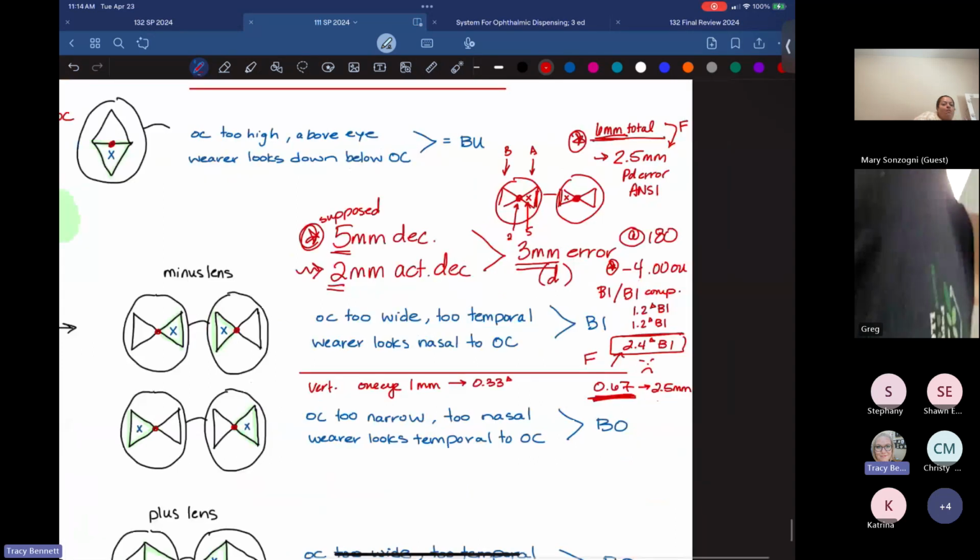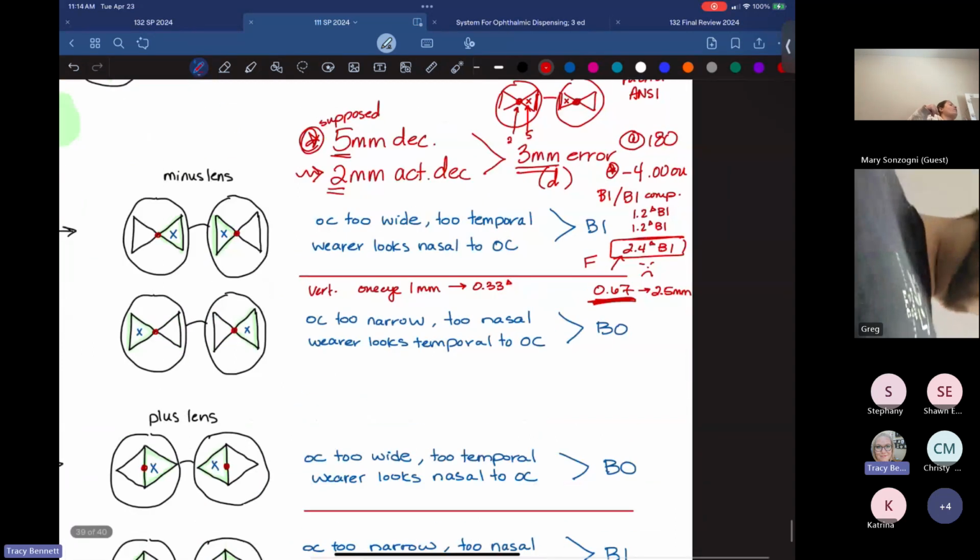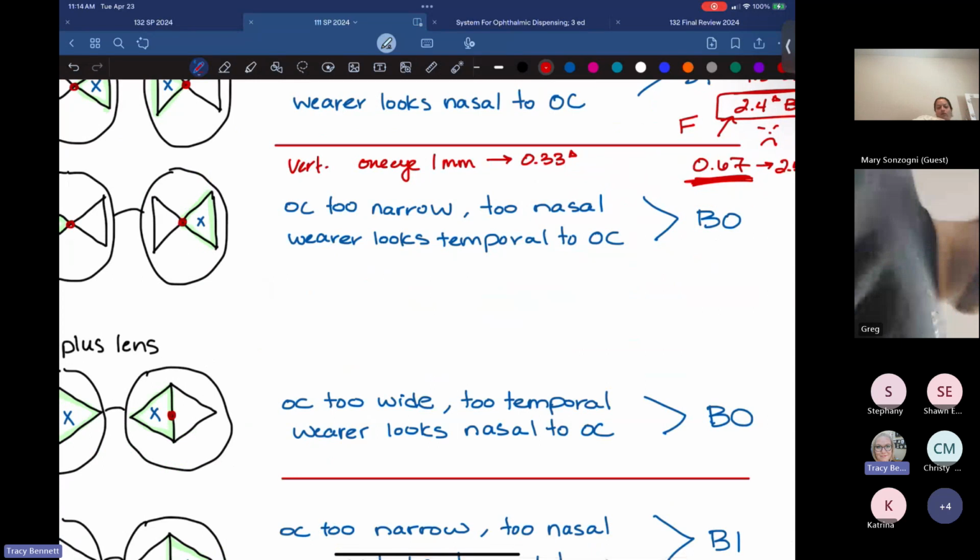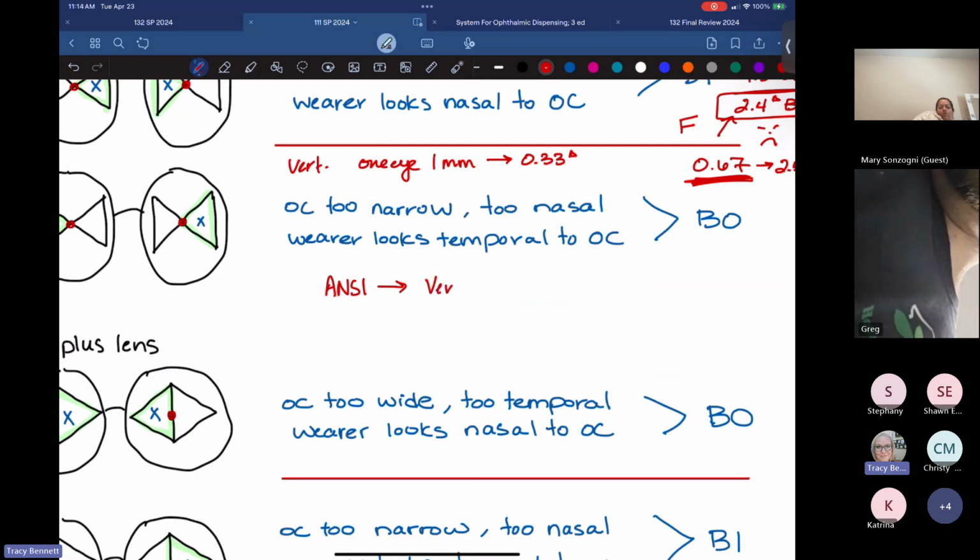Okay. For ANSI, for ABO, you need to memorize these. For vertical, the vertical error can be 1 millimeter, because you only get one eye, it can be off by 1 millimeter, or it can be off by 1/3 of a diopter of prism.